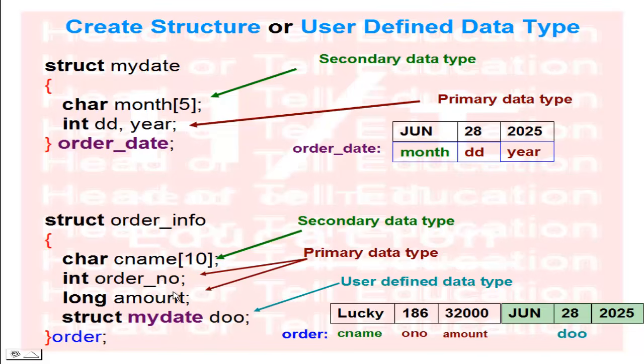Then one more, the my date structure, because this is our user defined data type, so we create the variable DOO, meaning date of order. If we store values like this, customer name Lucky, order number 186, amount 32,000, and order date June 28 2025, this is the structure.